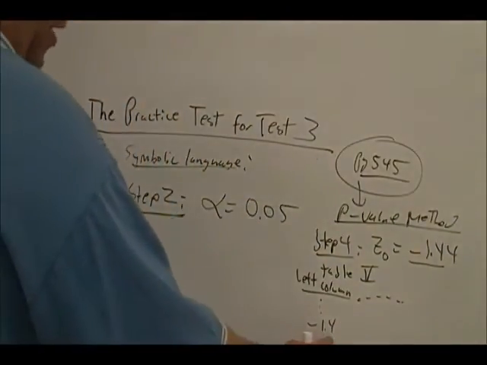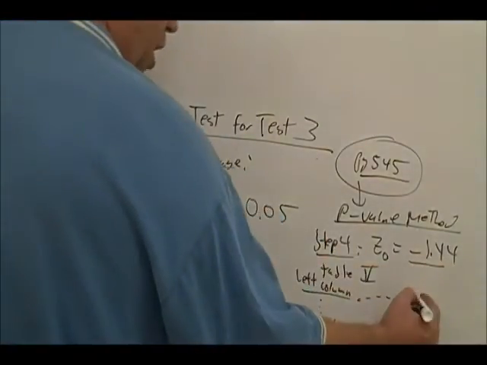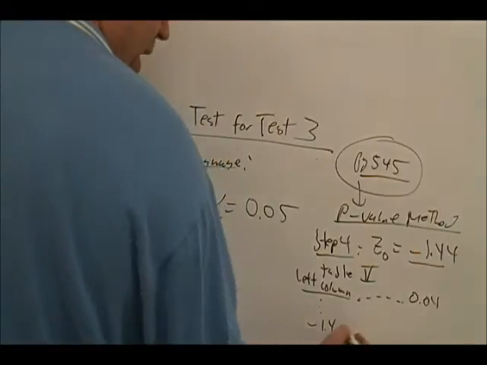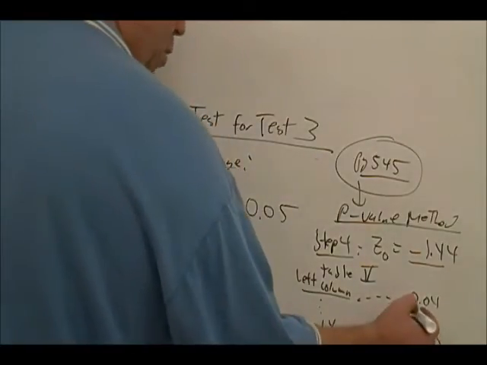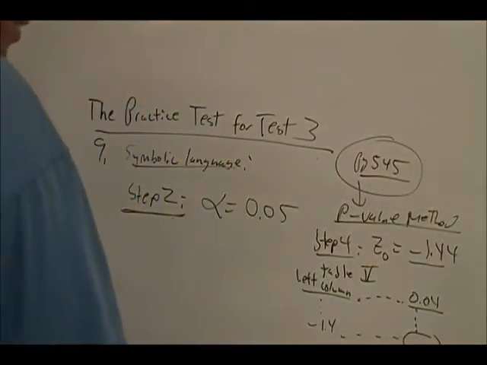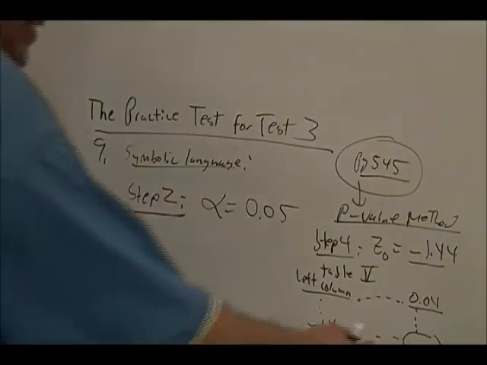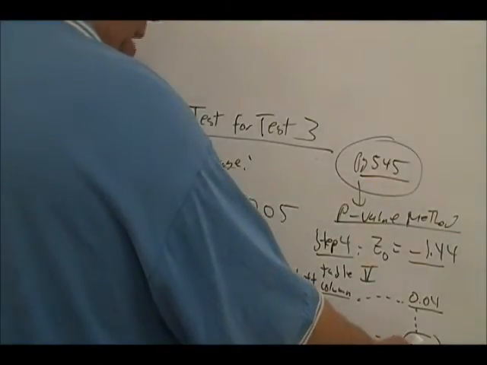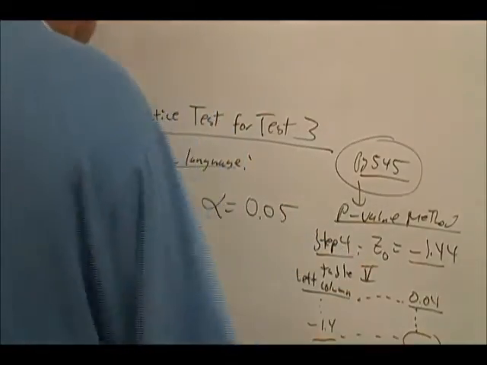That leads to a number right below 0.04 in the top row, and to the right of negative 1.4 in the left column, and that's where you get the table value in table 5 corresponding to z equals negative 1.44.